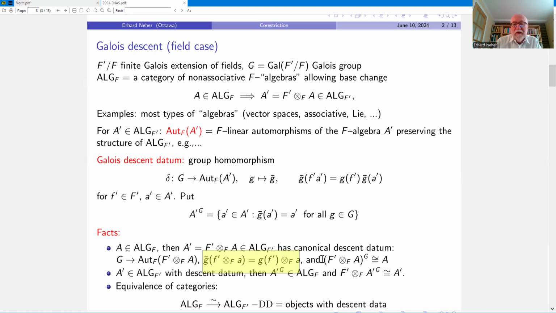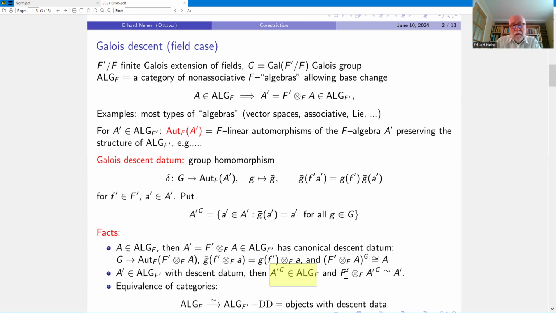And then it's easily seen from basic facts of Galois theory that F prime tensor over F with A, and then taking the G invariants, is isomorphic to A. Conversely, if I start with an object over F prime which has a descent datum, then I can look at my fixed point subalgebra, and it turns out that this is an algebra over F. This is due to the fact that the map delta lands in the automorphism group of A prime.